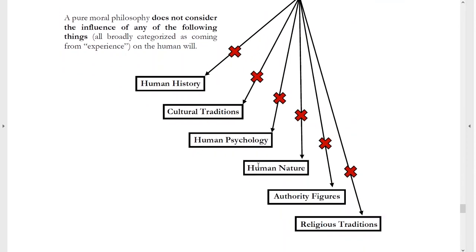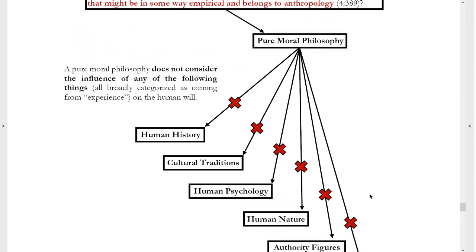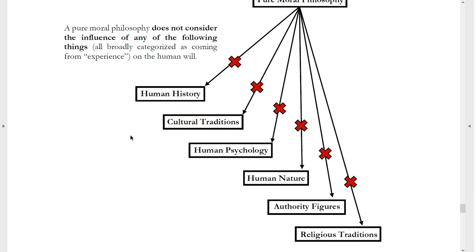And what does that mean? Well, Kant certainly admits that our history, our traditions, our psychology, our human nature, the authority figures we care about in our religious traditions, these all influence the way we act. But when we're thinking about how do we know what the moral rules are, how do we know what the laws of freedom are, they shouldn't come from any of these things.